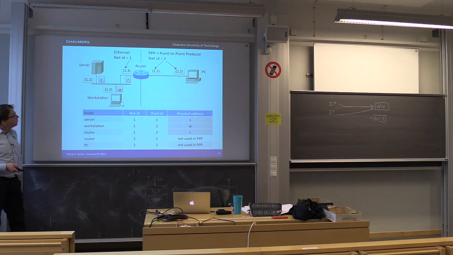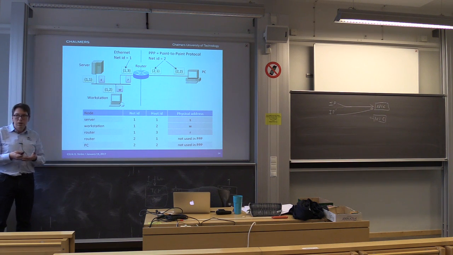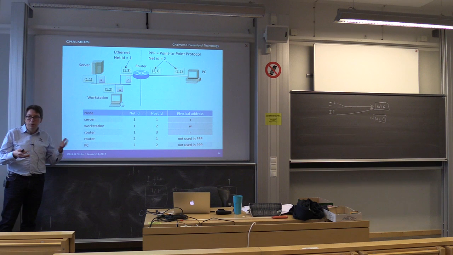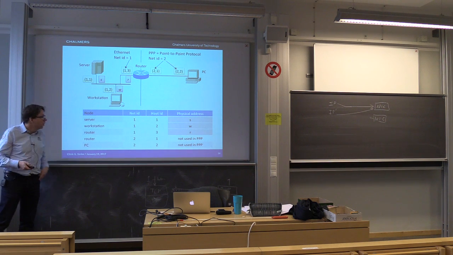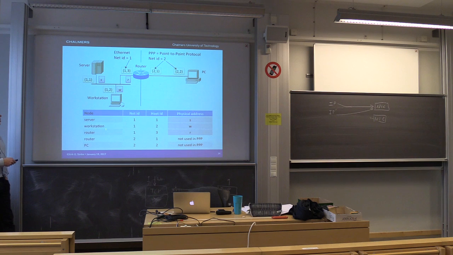So how are IP addresses and physical addresses interconnected? How does that work? Let's go through an example to illustrate the point. Here we have a very simple network consisting of 2 nodes connected to one network and 1 node connected to the other network. We have a router in between that connects this Ethernet network with this other network, which is a super simple point-to-point network consisting of just one single host and a router.